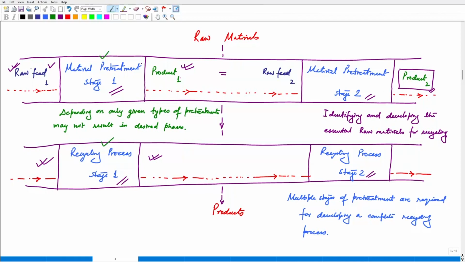Now, here it is also important to note that in every step that we have studied, we see that there is only one raw material and only one product. Say for instance, if we begin with raw material feed 1, it gives us a single product.